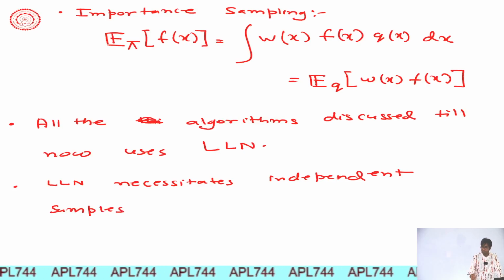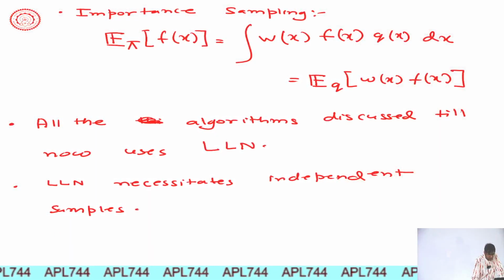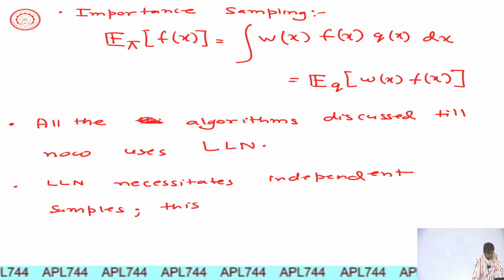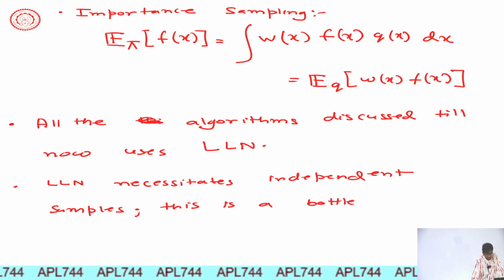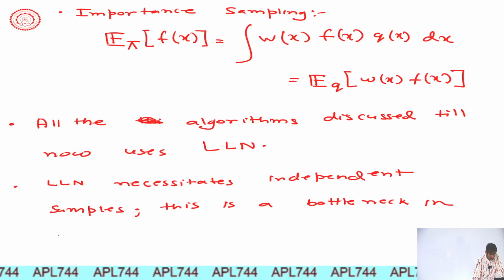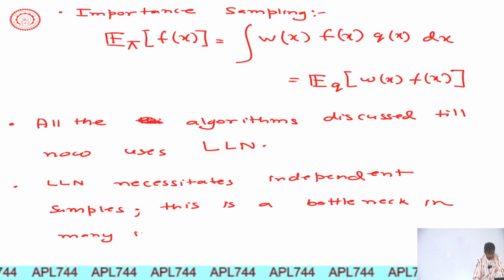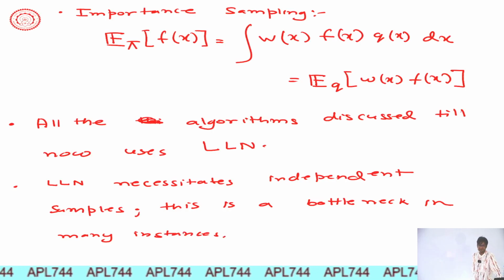And this is a bottleneck in many instances. One example that I gave was the weather data. Weather data is always dependent. It has to be dependent. Okay. So that is the problem.